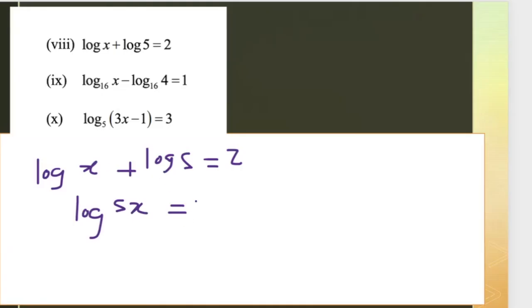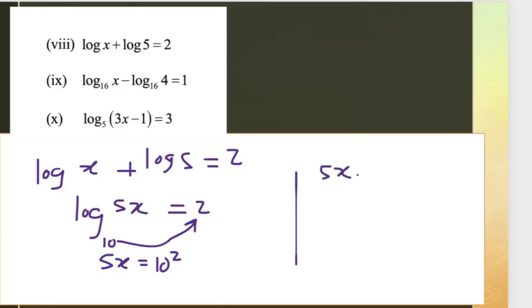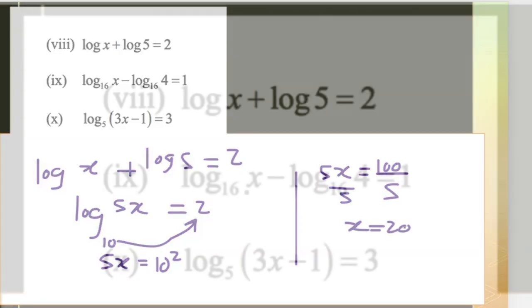The base is 10, so write it in exponential form. So I have 5x equals 100, since 10 is the base and 2 is the power, and 10 squared is 100. And then divide by 5. So that means x is equal to 20.